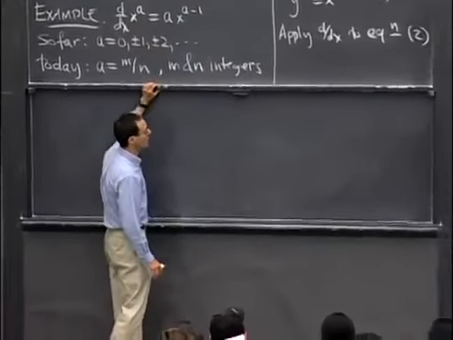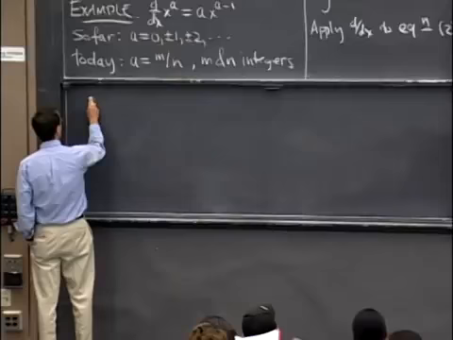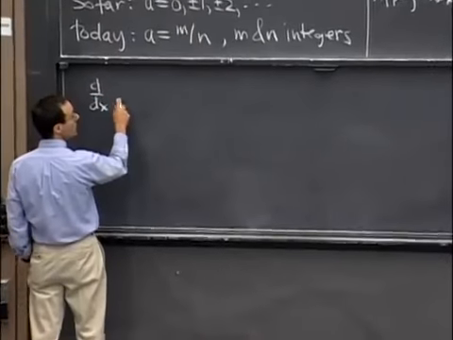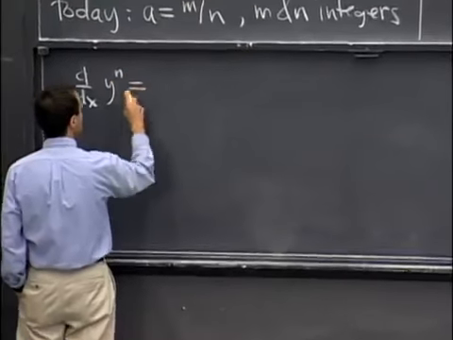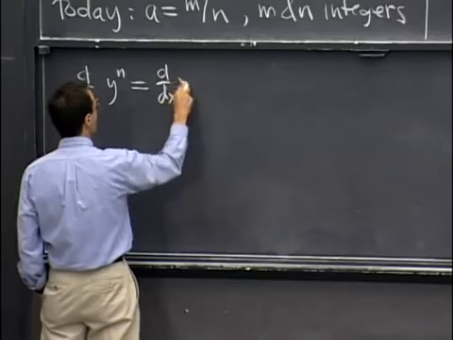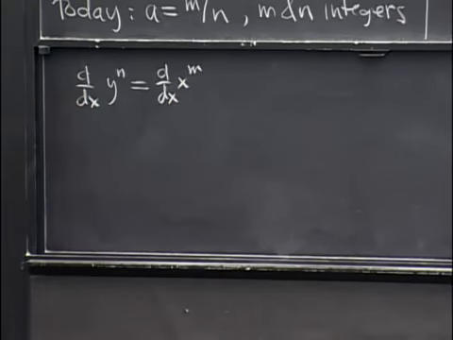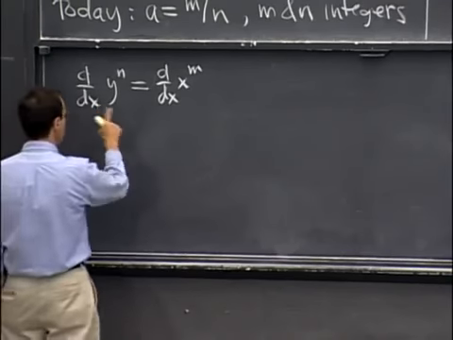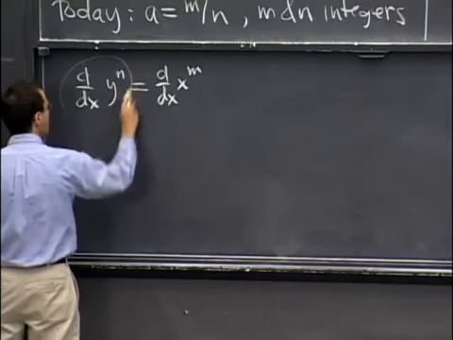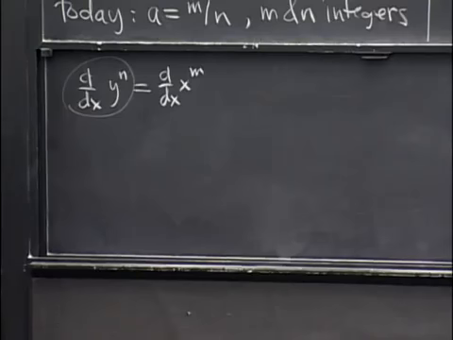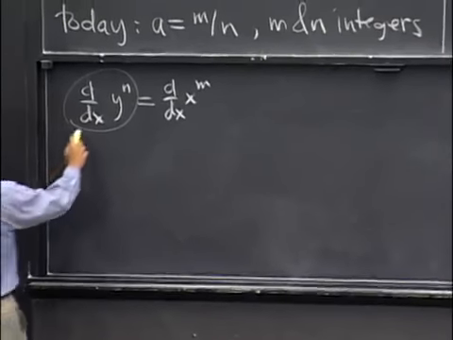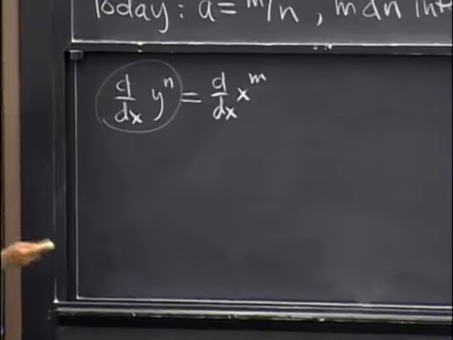So I'm going to write it out explicitly over here without carrying it out just yet. That's d by dx of y to the n equals d by dx of x to the m power. And now you see this expression here requires us to do something we couldn't do before yesterday, namely, y is a function of x.